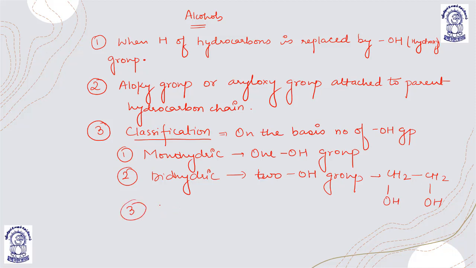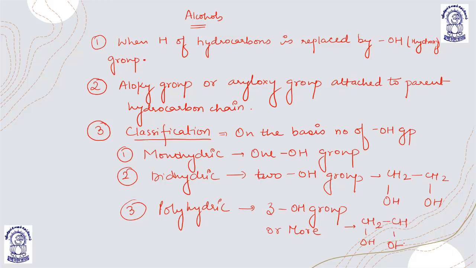The third is polyhydric or trihydric alcohol, with more than two OH groups; in this, we have the example of glycerol. Okay, so glycerol is a trihydric alcohol, ethylene glycol is a dihydric alcohol, and normal ethanol is a monohydric alcohol.